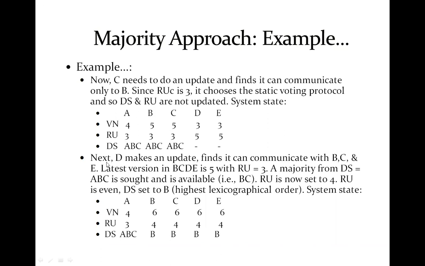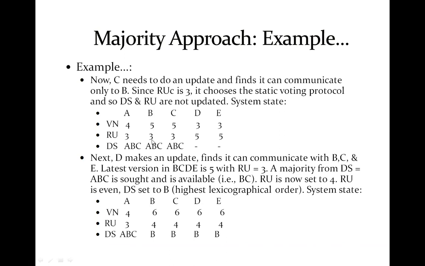Next, D receives an update and discovers that it can communicate with B, C, and E. D is receiving an update and it knows that it can communicate with B, C, and E. The latest version available at B, C, D, E is 5.